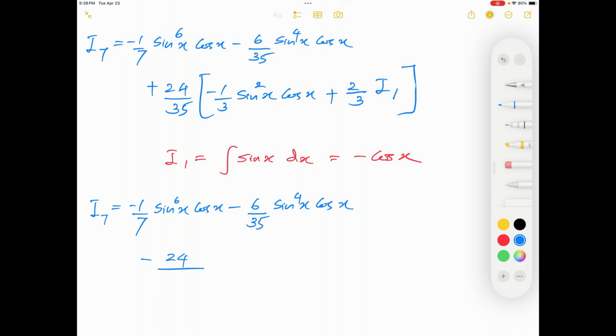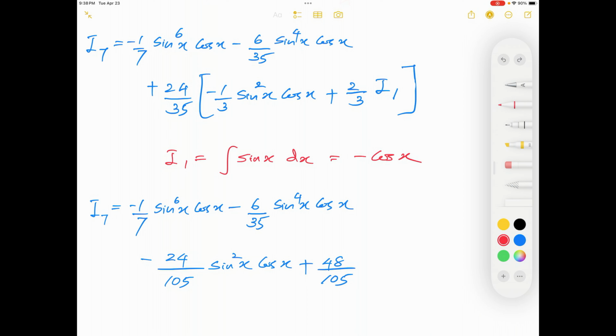Once those two are multiplied, I get negative 24 over 35 times 3, which is 105, sine squared x cosine x, and then I need to multiply 24 over 35 times 2/3. When those two are multiplied, I get positive 48 over 105 I1.